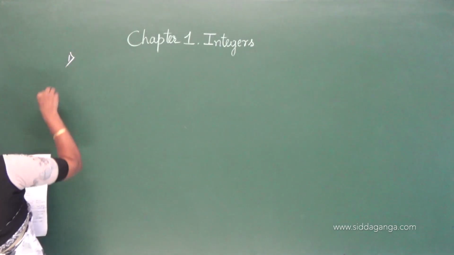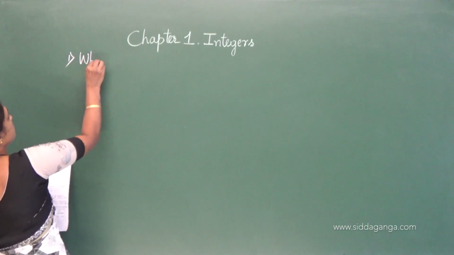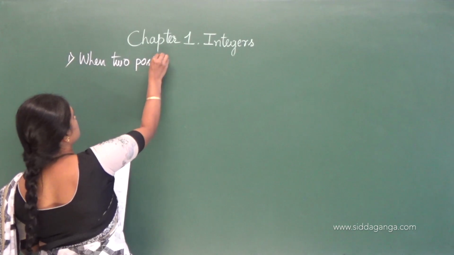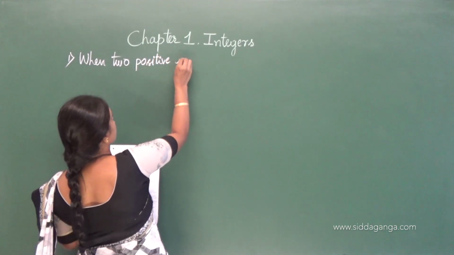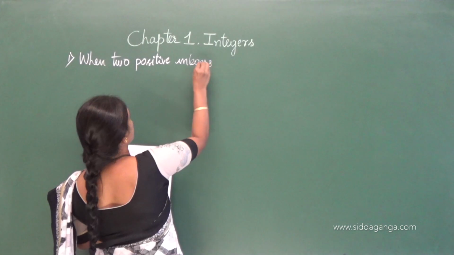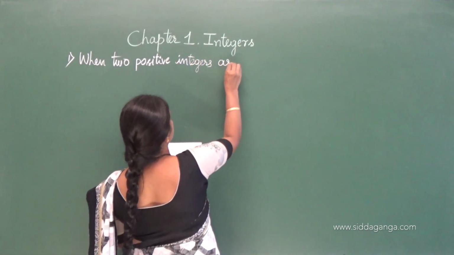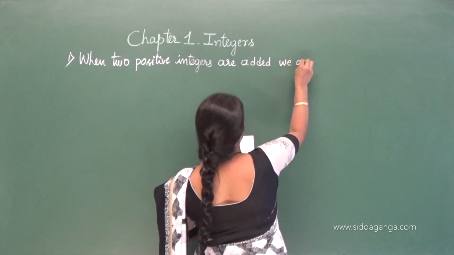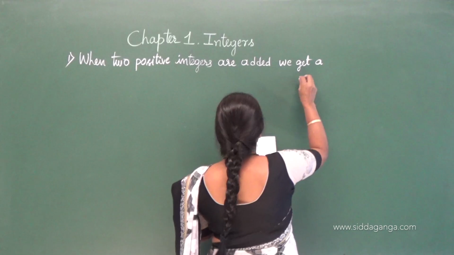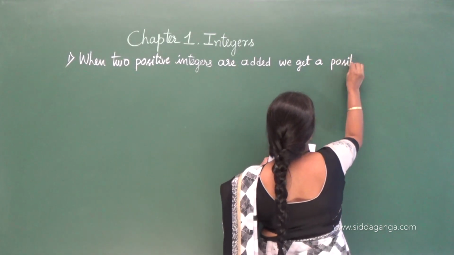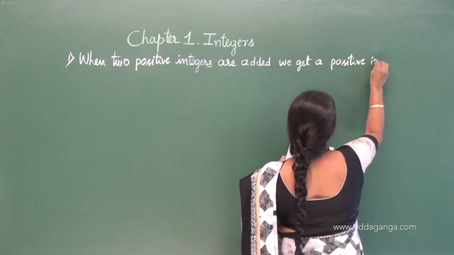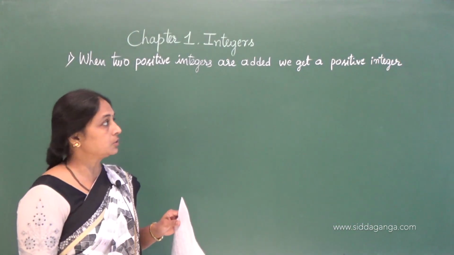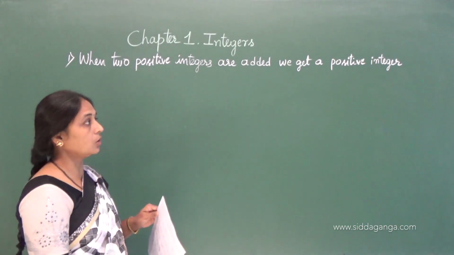The first statement is, when two positive integers are added, we get a positive integer. Let's take an example to see whether this is right or wrong.